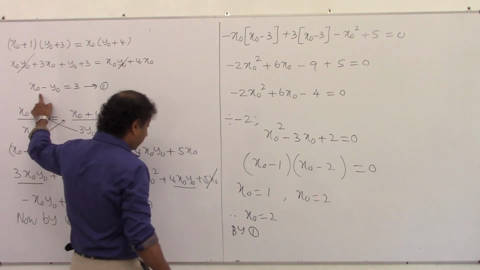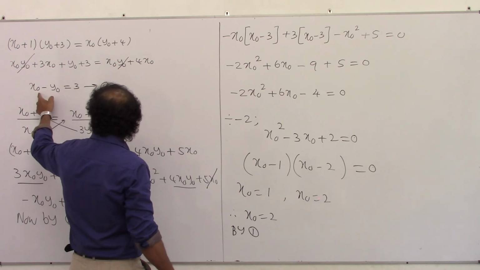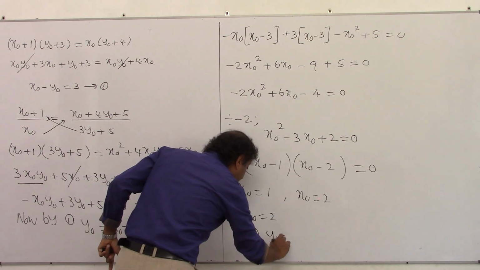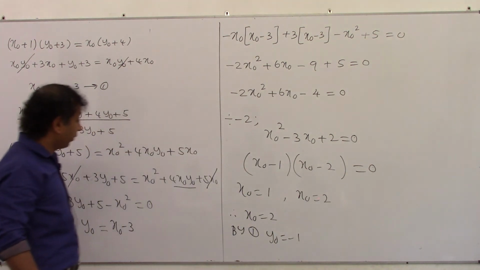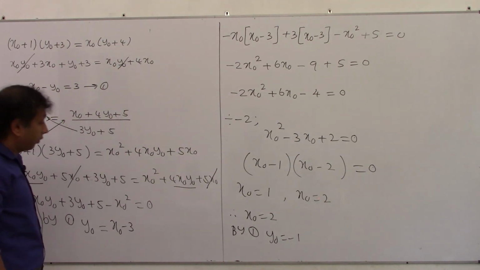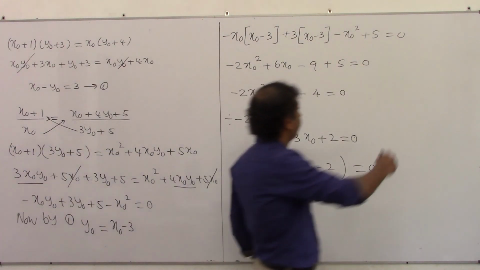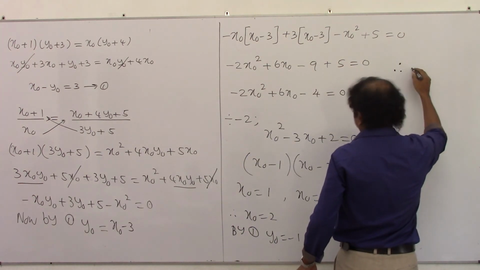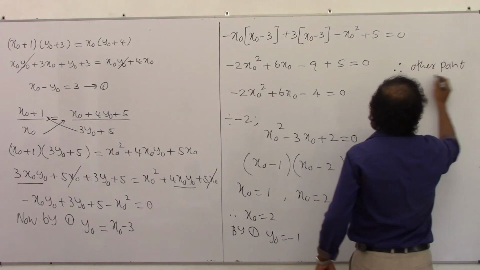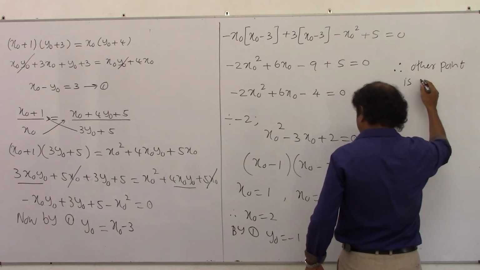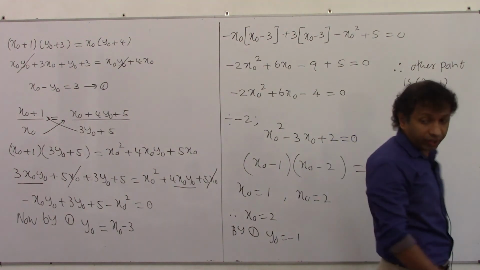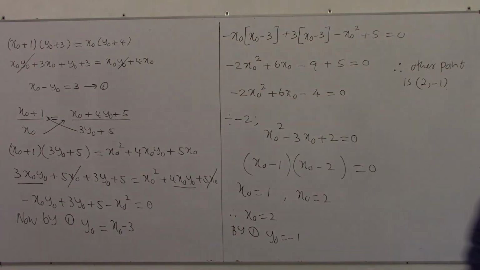When I put x naught as 2, 2 minus 3 is minus 1, so y naught is minus 1, no? So the other point is going to be 2, minus 1. Right? That's how we take the answer.